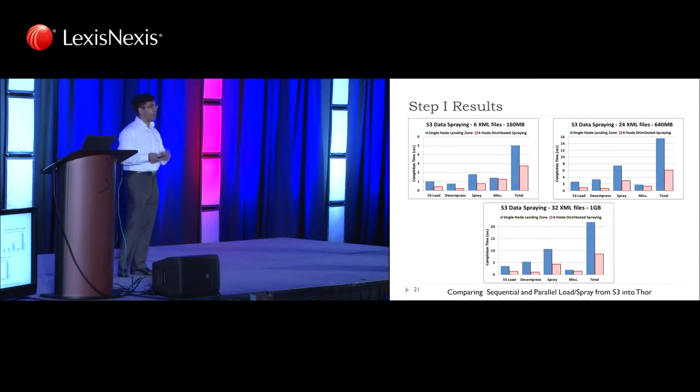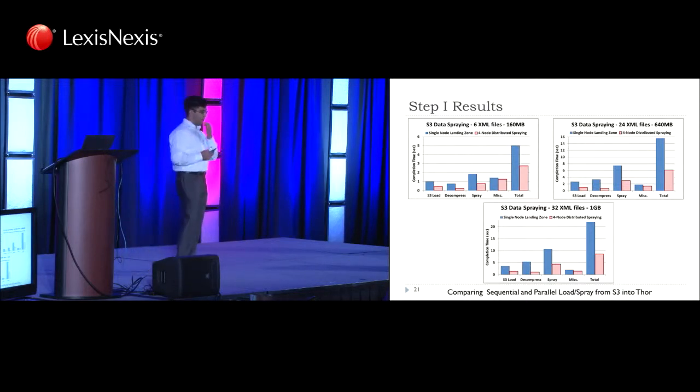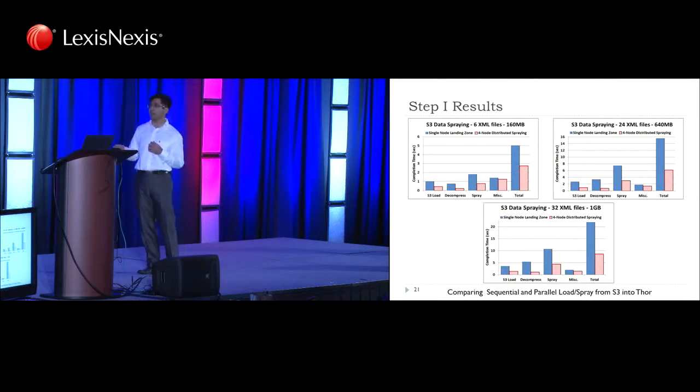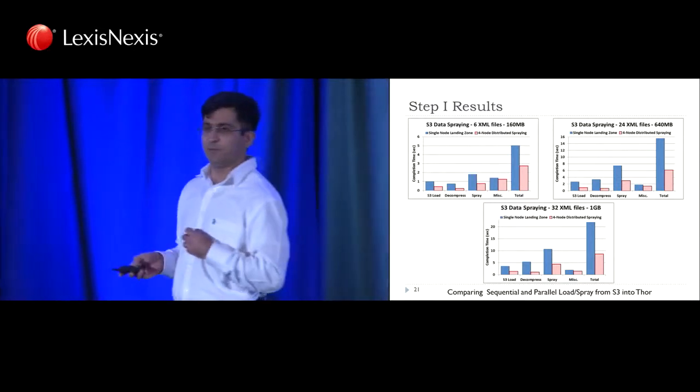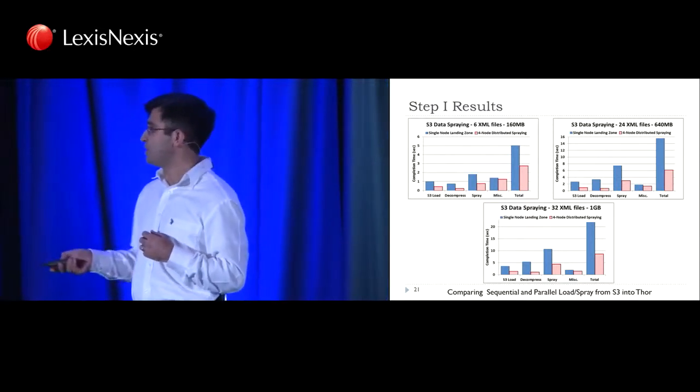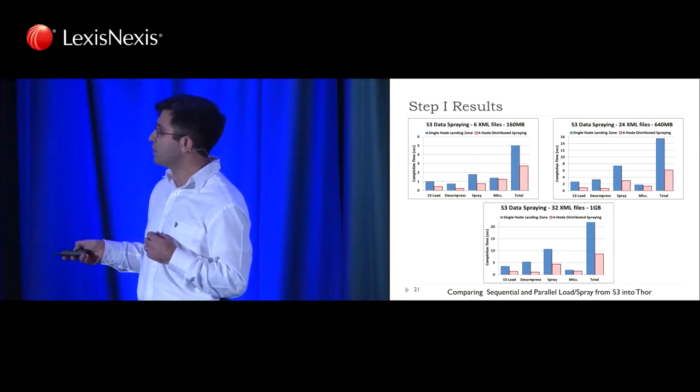Here are some preliminary numbers on what we have seen so far on implementing this. These are 3 graphs that are similar because they are the results on loading different file sizes: 160 megabytes, 640 megabytes, and 1 gigabyte. So don't go into too much detail there; I'll explain everything here.